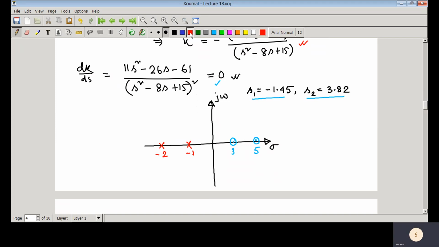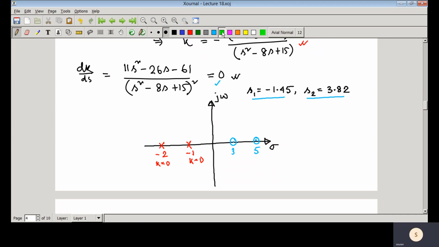We have already discussed that whenever K equals 0, the root locus starts at open loop poles and ends at open loop zeros.